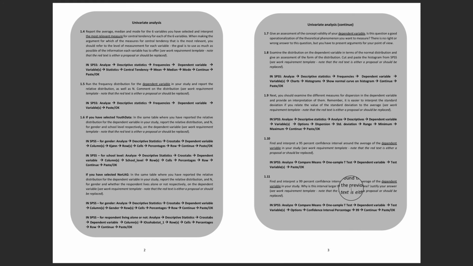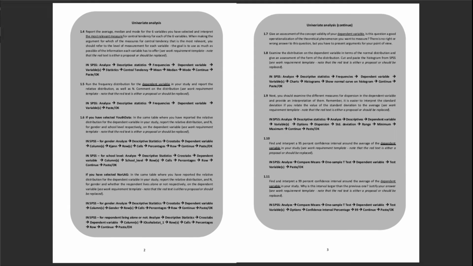And of course, the fact that we are working with a sample means that there is uncertainty about the estimates we make based on just a sample, and the confidence interval really is a way of expressing that uncertainty. So let me just show you. We're going to use analyze, compare means, one sample t-test, and then put in the dependent variable in test variables, and then paste or choose OK.